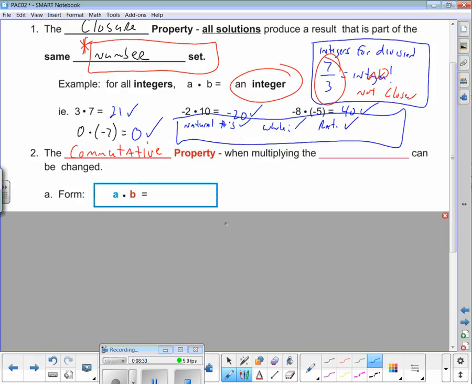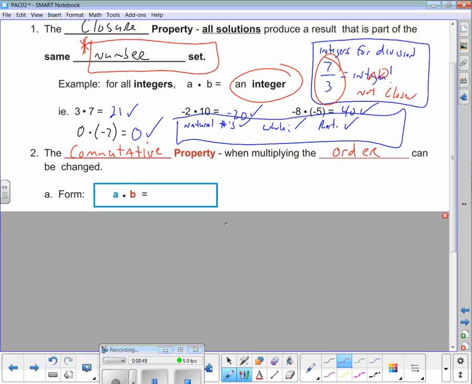Everybody now knows that the commutative property tells you can change the order. That's got to be in your brain.